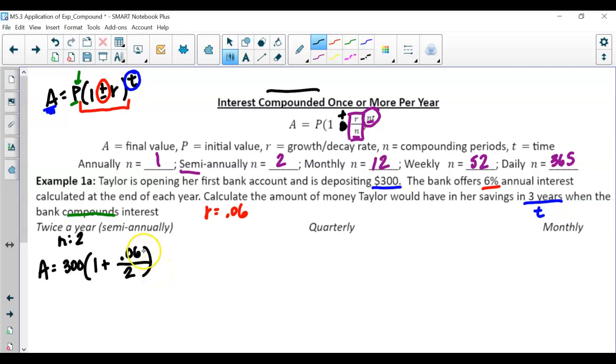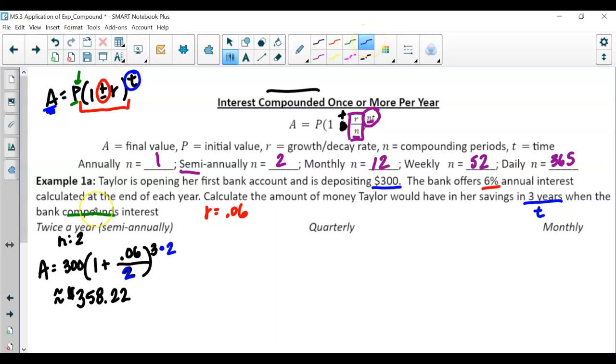Then raise that to the t power, which is 3, but now we also have to multiply by that n value. Putting this in our calculator, A is going to be approximately $358.22 with our rounding.